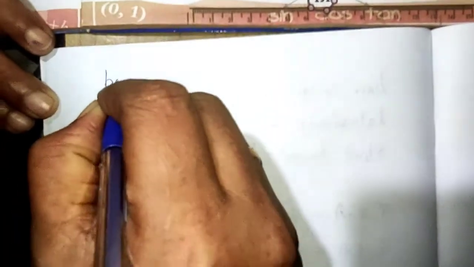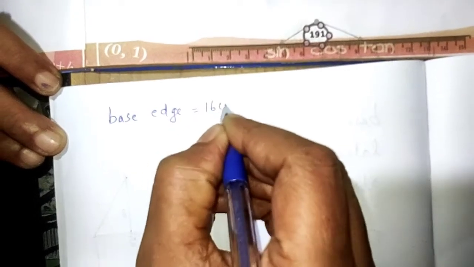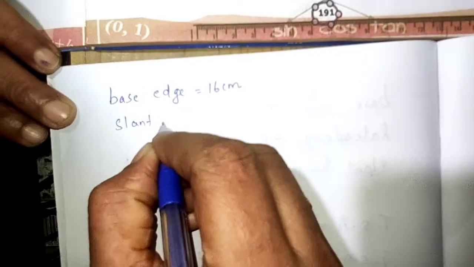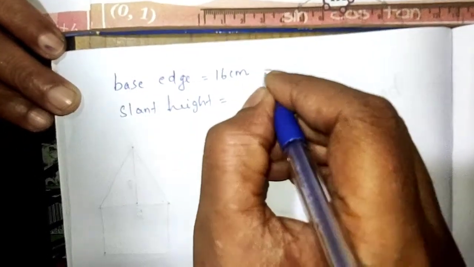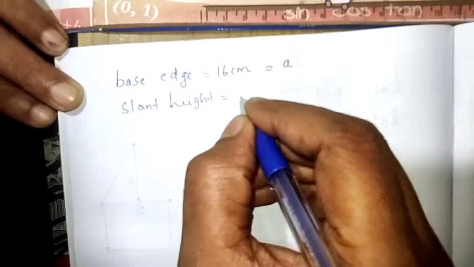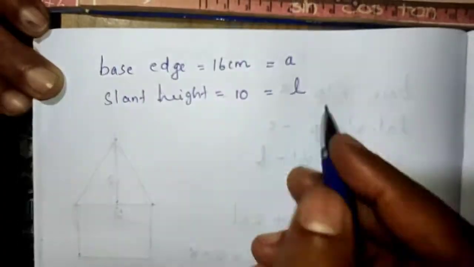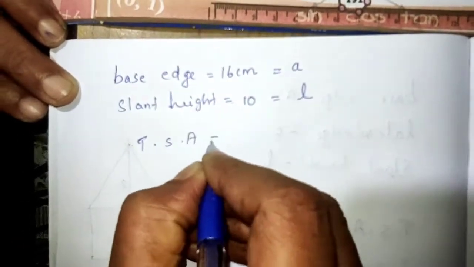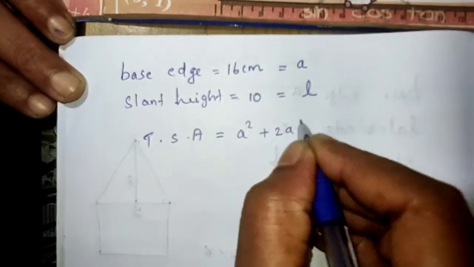In this question, what is the base edge here? Base edge A is equal to 16 centimeter. And what about the slant height? Slant height is L, and slant height is 10. Then how do we find the total surface area? Total surface area is equal to A square plus 2AL.